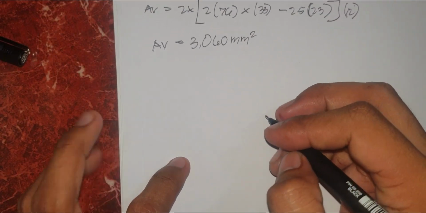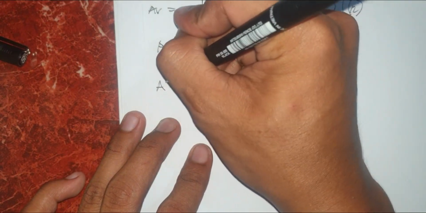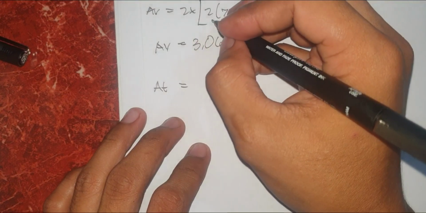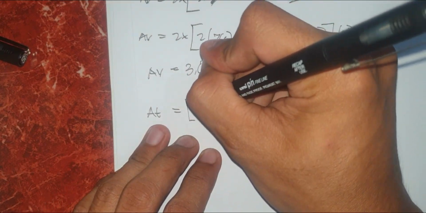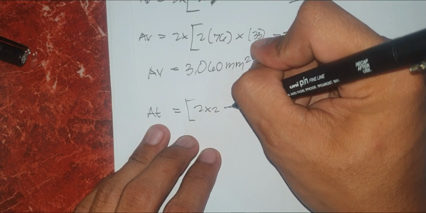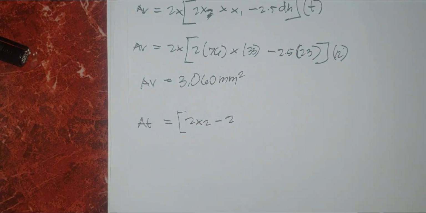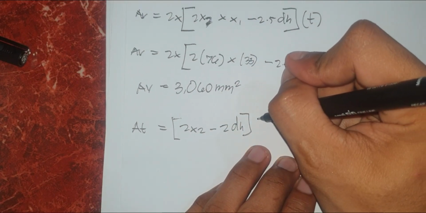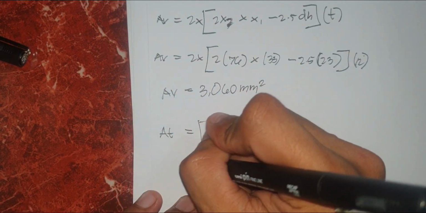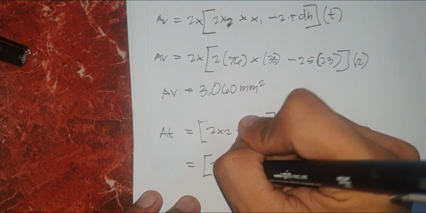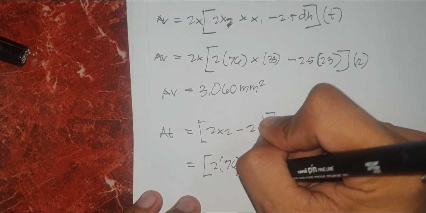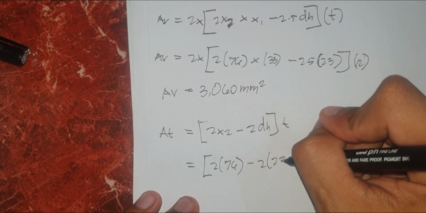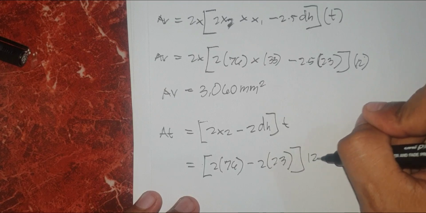So next is to find the net shearing area, or AT. Equals 2x sub 2 minus 2 dh, or whole diameter, times thickness. So summation 2 times 76 minus 2, and dh is 23, thickness is 12.